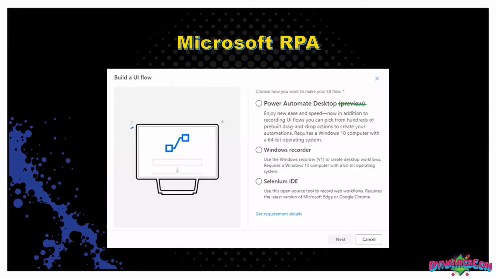Next, I'm discussing what Microsoft offers in terms of providing RPA solutions. Last year, Microsoft acquired Softmotive, which previously was another popular RPA vendor. And based on their tool, which was WinAutomate console, Microsoft launched Power Automate Desktop.